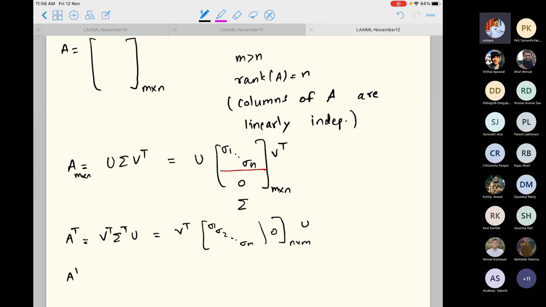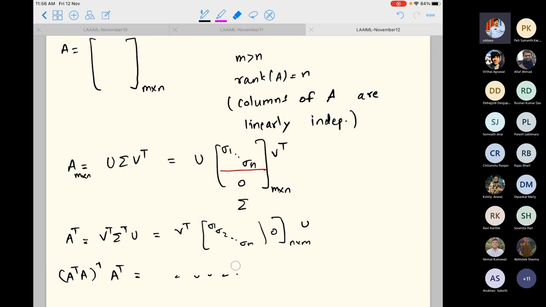So A transpose A inverse A transpose. Okay, if you want to find this particular thing out, what will you really have? You have A transpose A. A transpose is V sigma transpose U transpose, and A is U sigma V transpose, right?